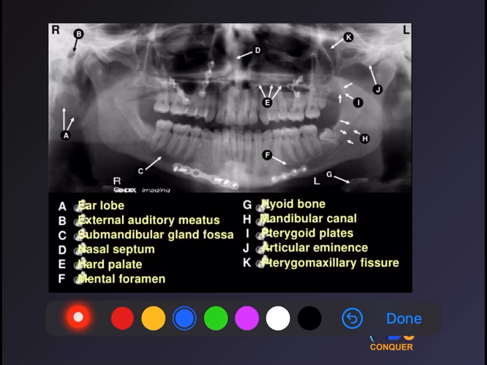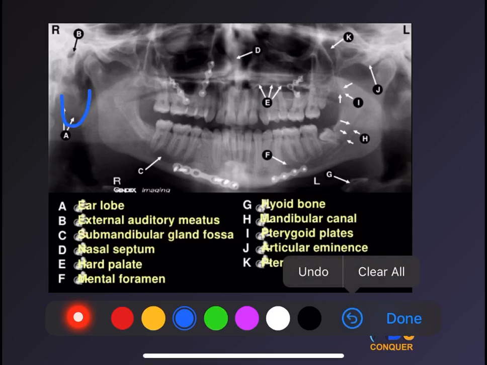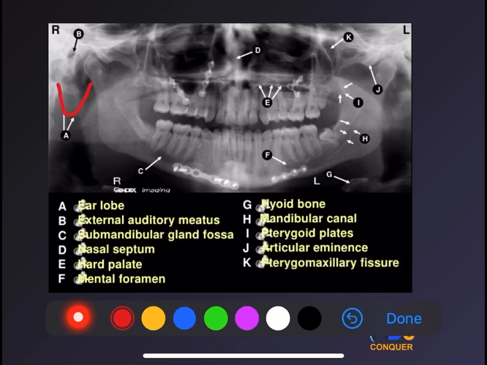So if you see here, the first one, A, is an ear lobule. B, the small radiolucent area, which is circular in shape, is the external auditory meatus.